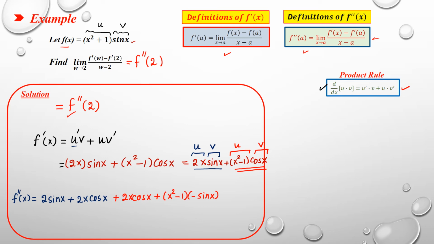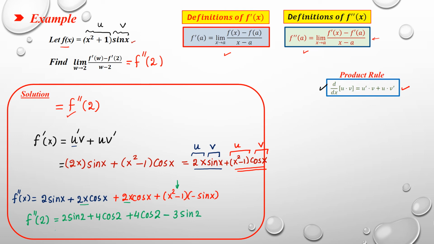So f double prime of 2 equals 2 sine 2 plus 2 times 2, which is 4, multiplied by cosine 2, plus 2 times 2, 4, multiplied by cosine 2, plus here 2 squared equals 4 minus 1, 3, multiplied by negative sine 2, so you write negative here, then you will get sine 2.